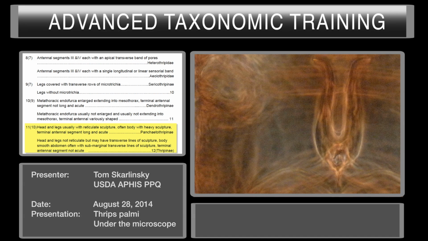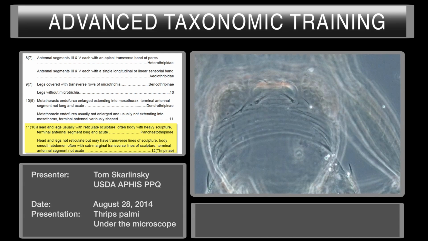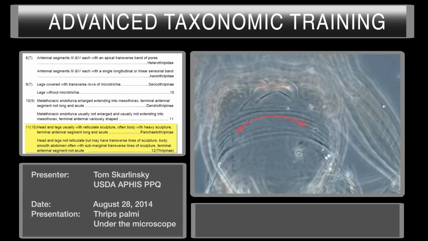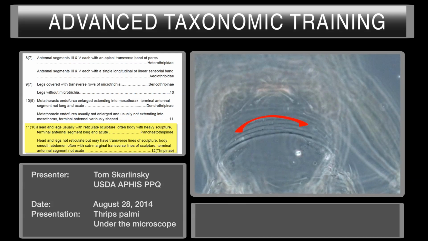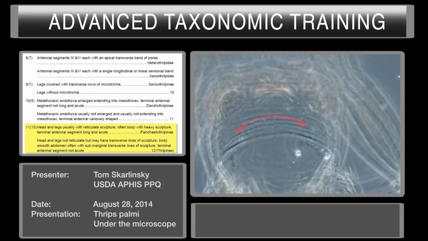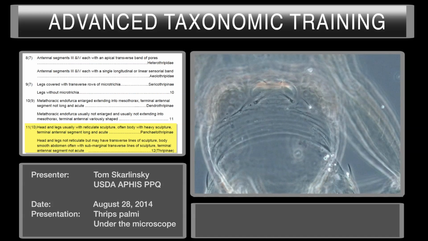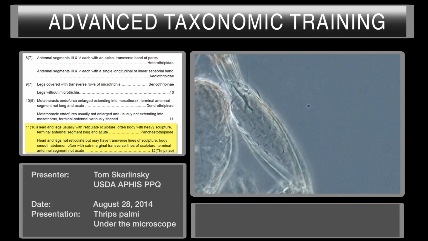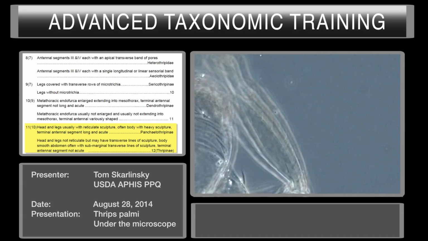So, a look at our unknown. Let's take a look at the head of our unknown. We can see that we do have sculpture, but it's transverse, nice little lines of sculpture. It's not reticulate; in other words, there are no closed cells. Then we look at the legs.